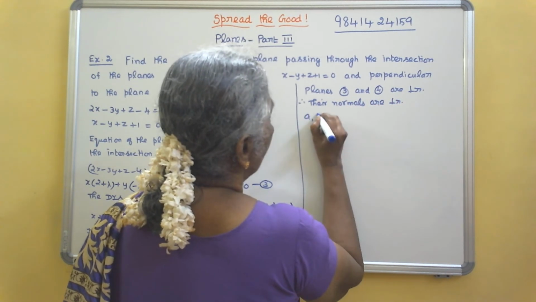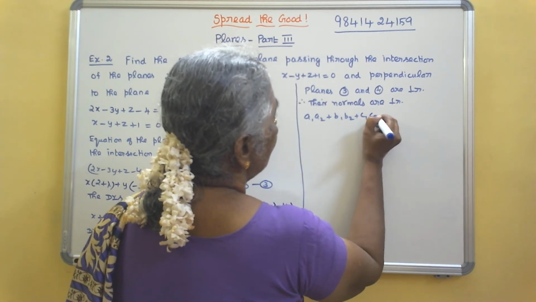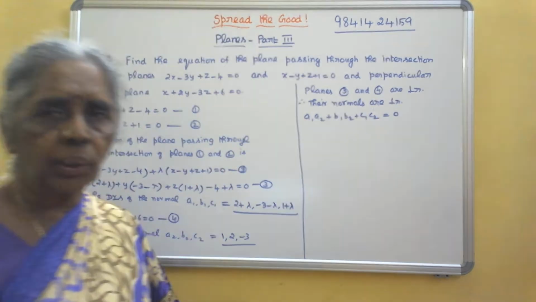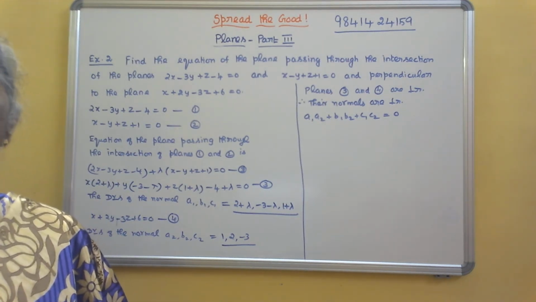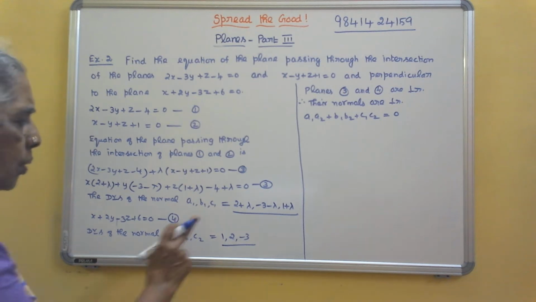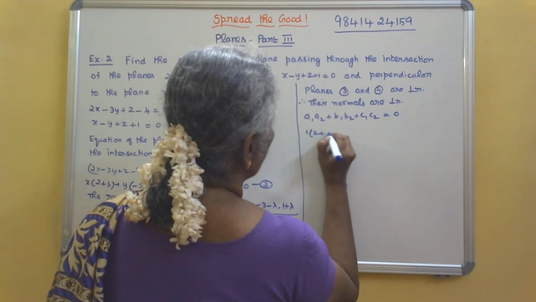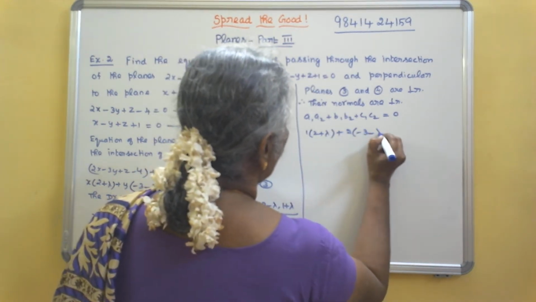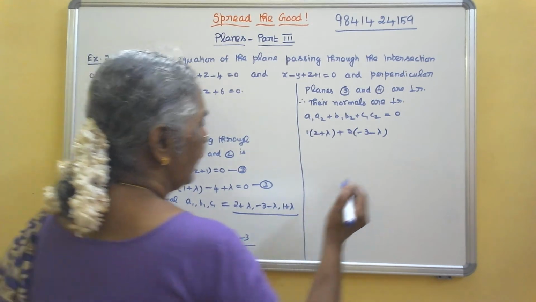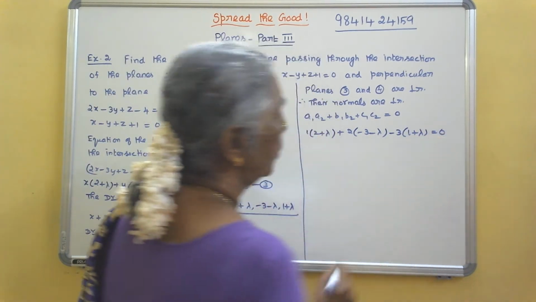So a1 a2 plus b1 b2 plus c1 c2 is equal to 0. That is, the sum of the product of the direction ratios is equal to 0. So now let us do 1 into 2 plus lambda, plus 2 into minus 3 minus lambda, minus 3 into 1 plus lambda is equal to 0.